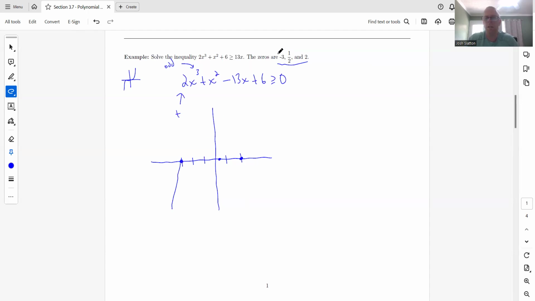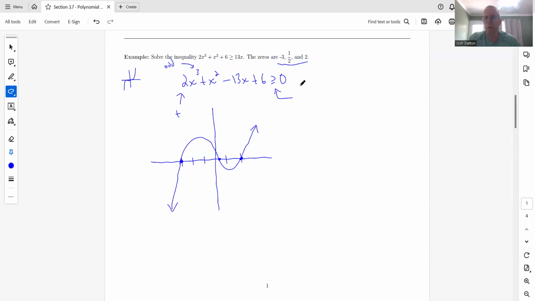Because this is a cubic, we have 3 distinct zeros, so they're all multiplicity 1, which means they're all going to cross the x-axis. It's going to come like that and come through like that and then come up. And so that's the basic shape of the graph. We're not really worried about how far up or down it goes. Just where does it cross and then which direction is it going on the end. That's really all we need to know.